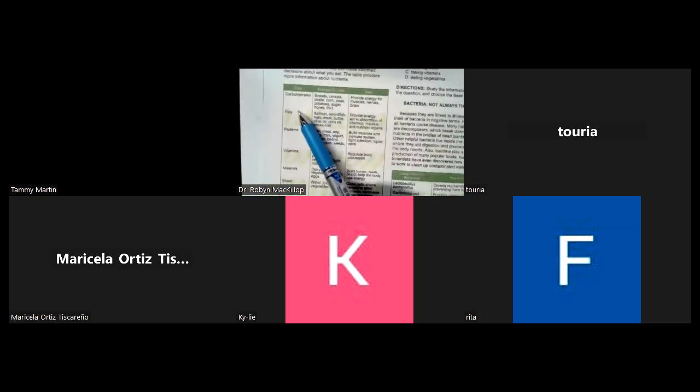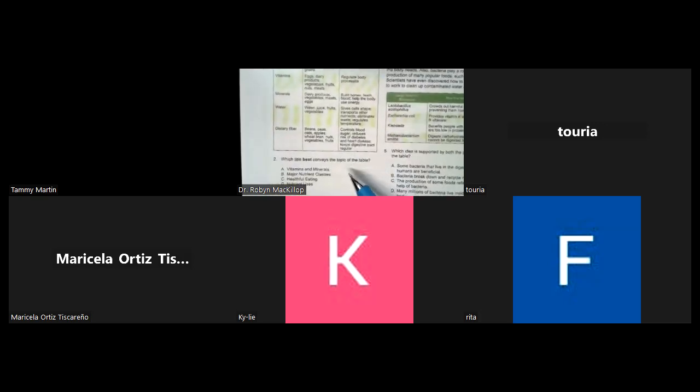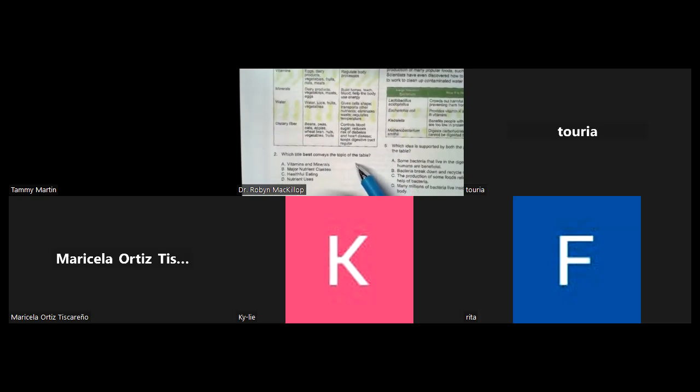Here we've got the things that we need to function: carbohydrates, fat, protein, vitamins. Here are the sources of those things. And then this is what they do. So carbohydrates provide energy to muscles, nerves, and brain. So they want to know what title best conveys the topic of the table.